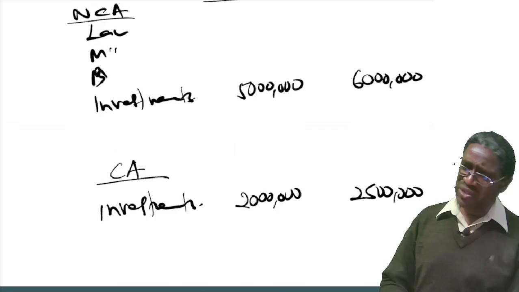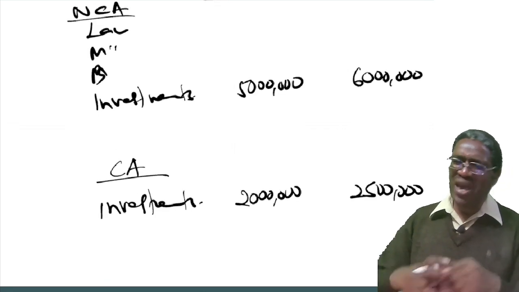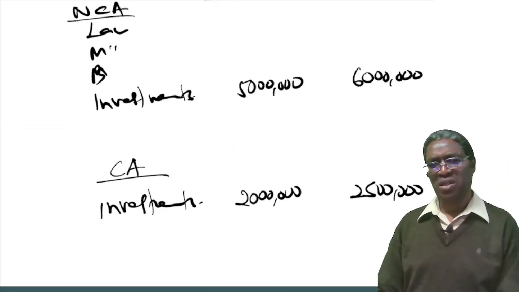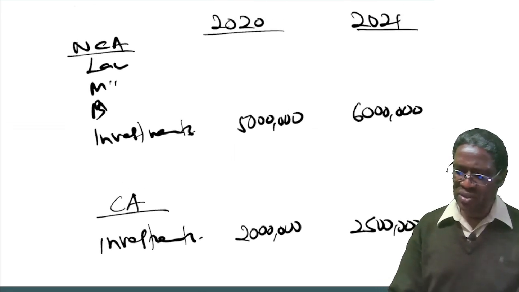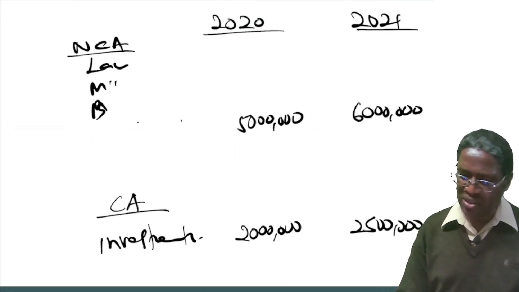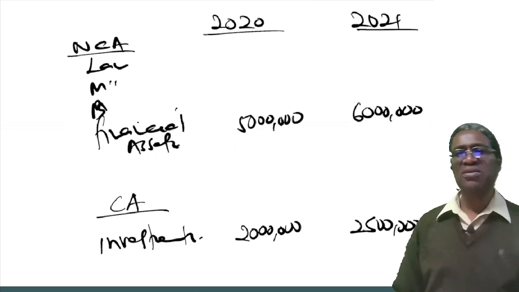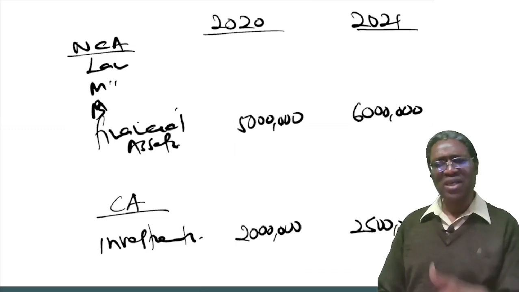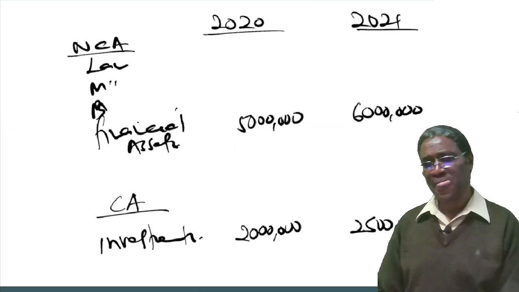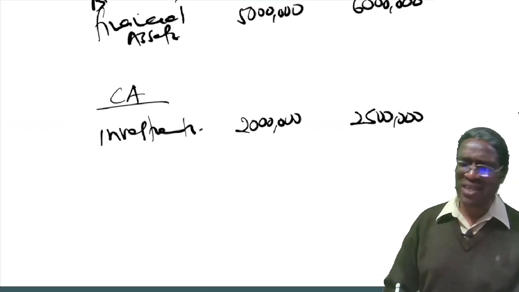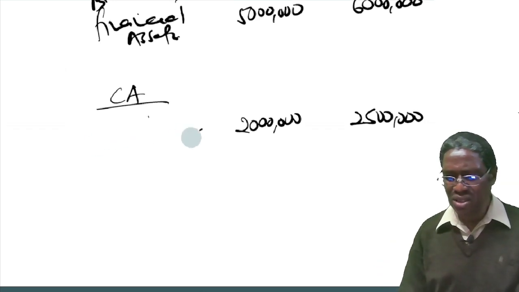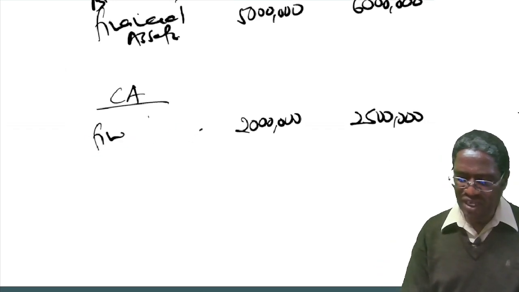These long-term investments, listen, can be by any name. Some books will call them financial assets. Financial assets are also investments. Whether it's a financial asset among the current assets, it's a financial asset.